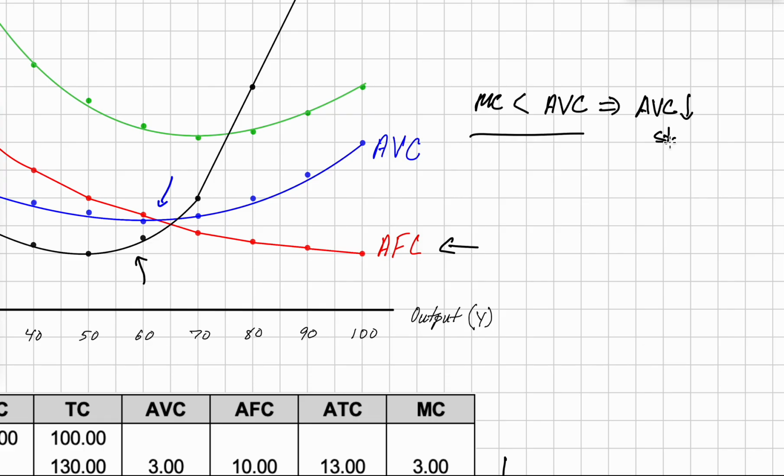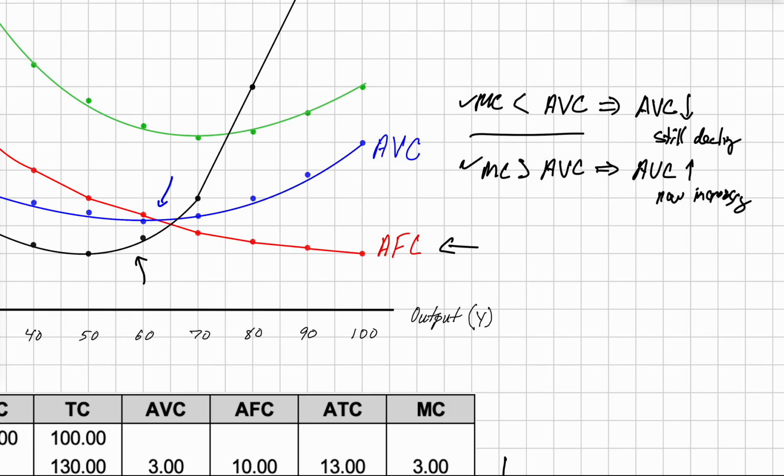However, if the marginal cost curve is greater than the average variable cost curve, that's going to tell us average variable costs are increasing. So if that's the case, what can we infer from these two points?